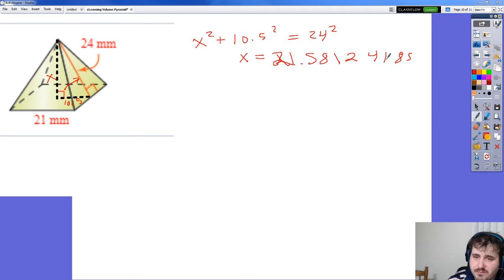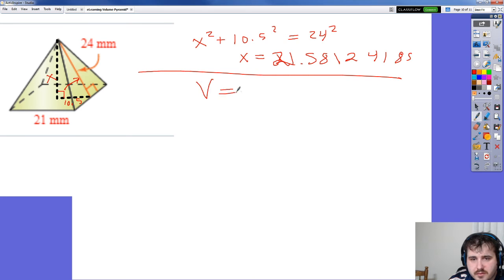But you know what? Now that we've done all this dumb stuff, this is the hardest problem of the day. Because now, look, same exact thing for everything. And I'm just going to do, well, what's the base? It's a square with 21 on each side.